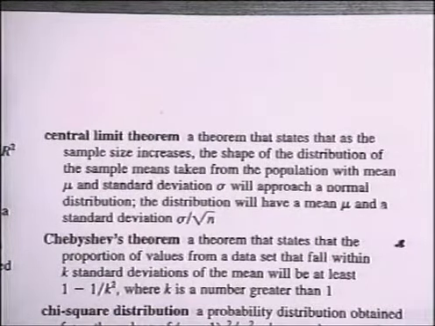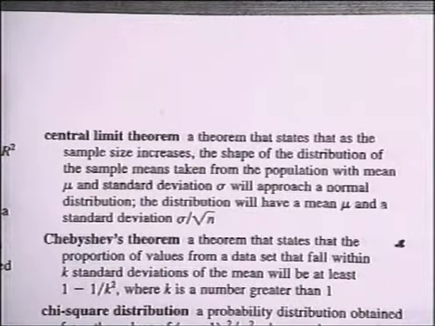Okay, instead of talking about individuals, I take a simple random sample. If I measure 25 items and calculate the mean of those 25 items, I save that and say, that is the mean from the first sample.